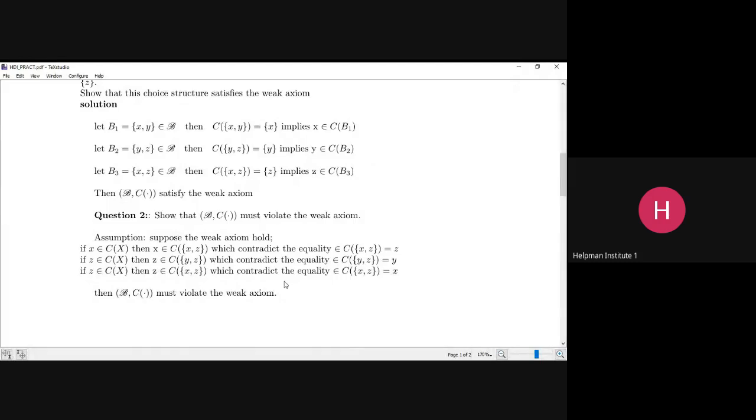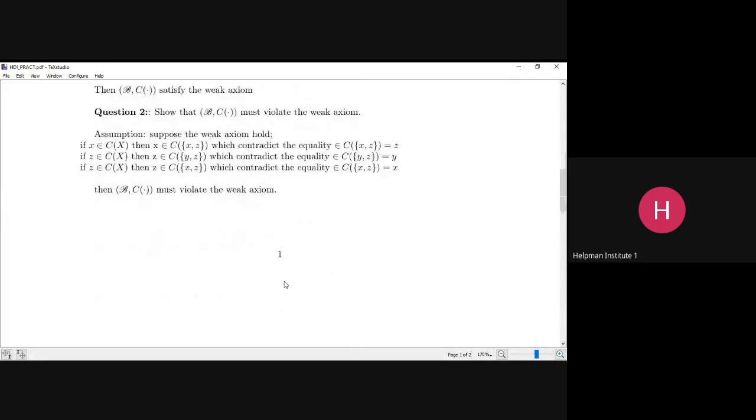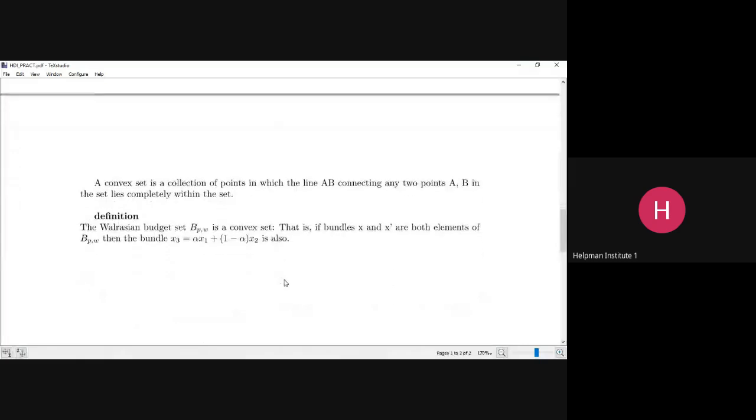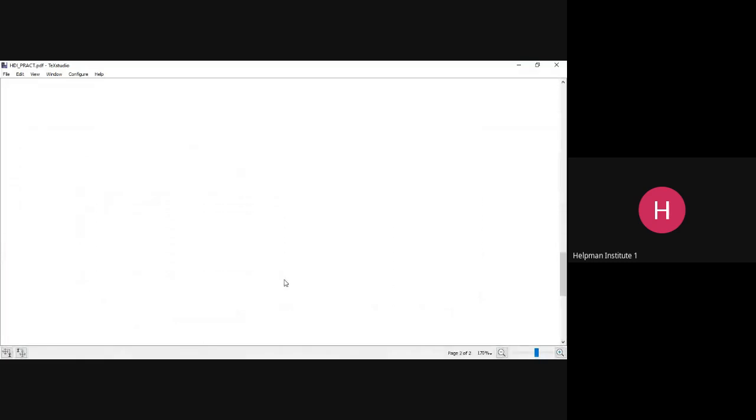Is this screen visible? Can you see my screen, please?